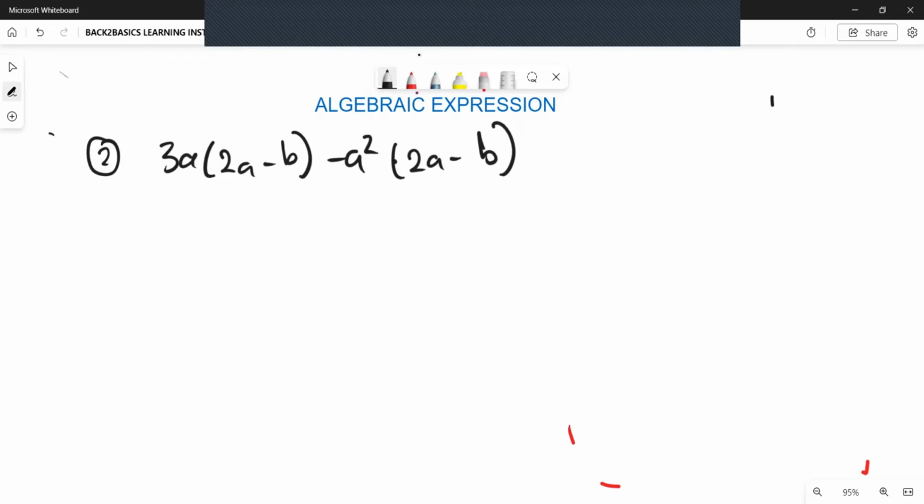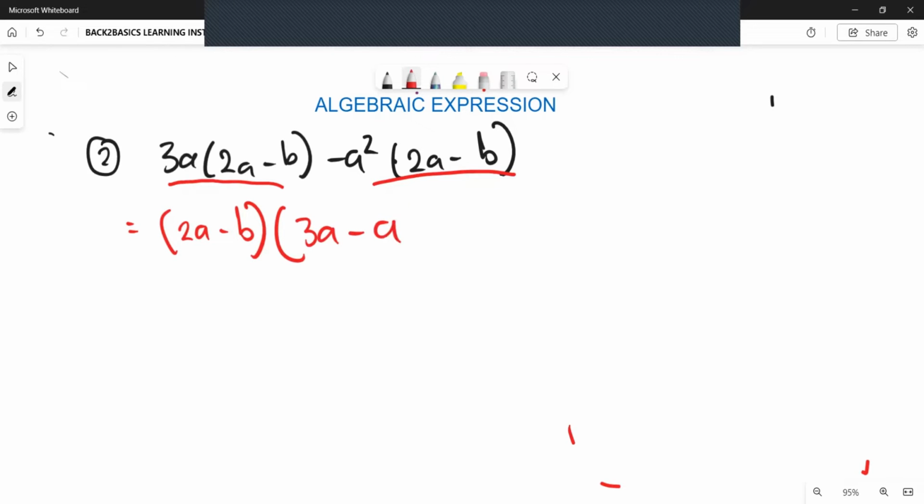Yes. Remember that 3a is the same as one term, and this is the same as one term, right? So if you take out 2a subtract b as your common factor, you are going to be left with 3a subtract a squared, right?